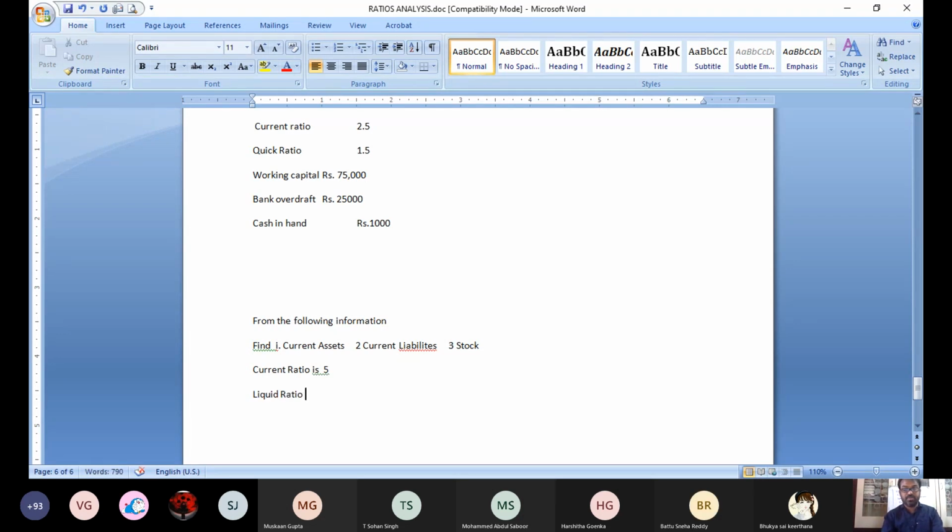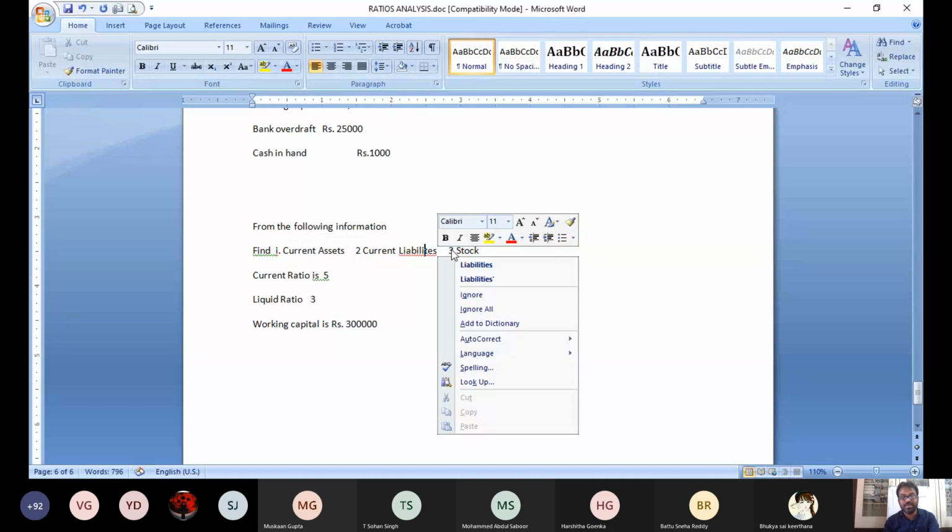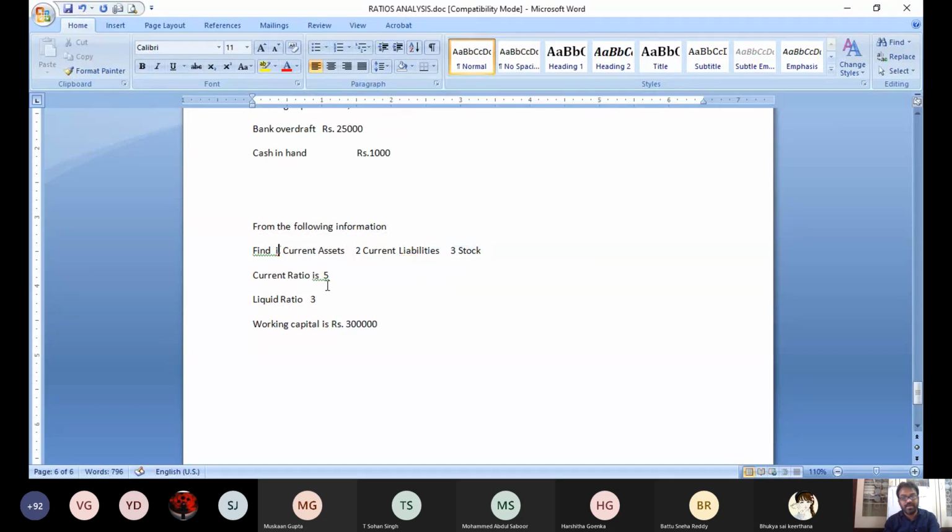Liquid ratio 3. Working capital 3 lakhs. Find number 1, the current assets. Number 2, current liabilities, and 3, stock. Current ratio is given 5. Liquid ratio is given 3. Working capital is given 3 lakhs.